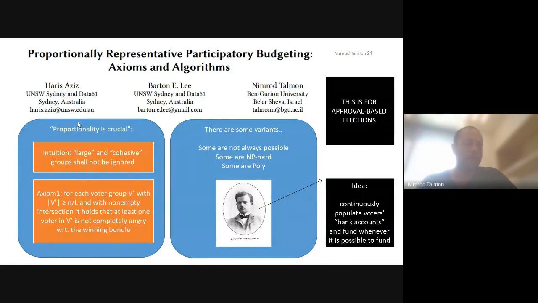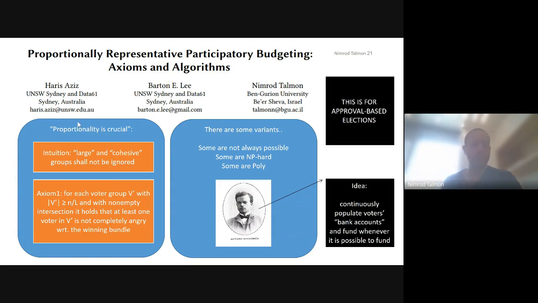Basically, we said, okay, in many settings of participatory budgeting, it's crucial that the algorithm will be proportional. So in this paper, we consider approval-based elections. And for this kind of election, in which voters give approval ballots, we came up with several algorithms that try to capture the idea of proportionality.